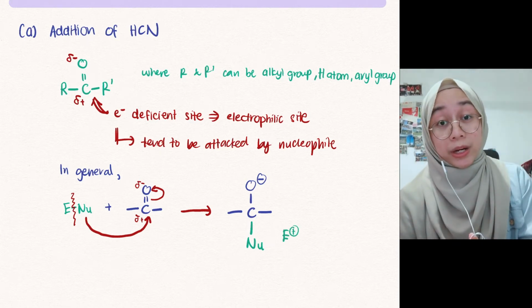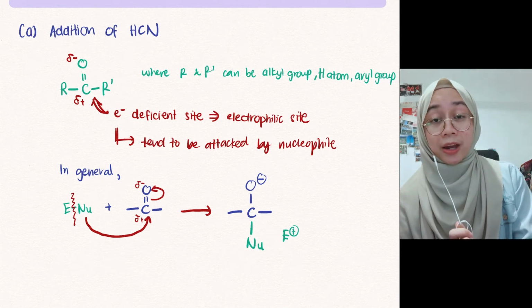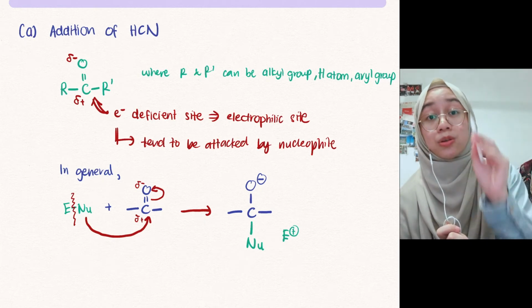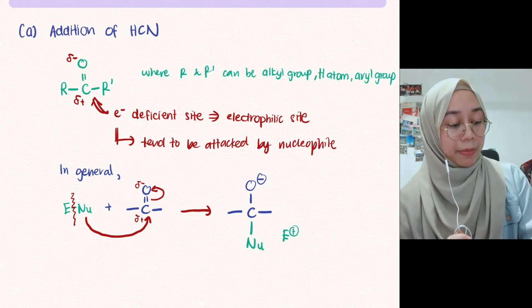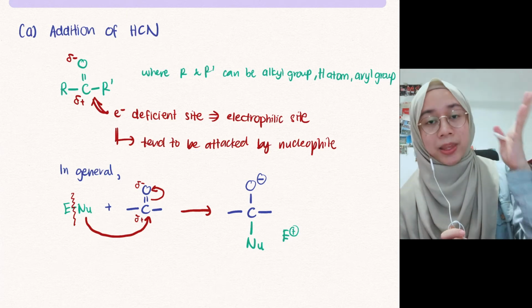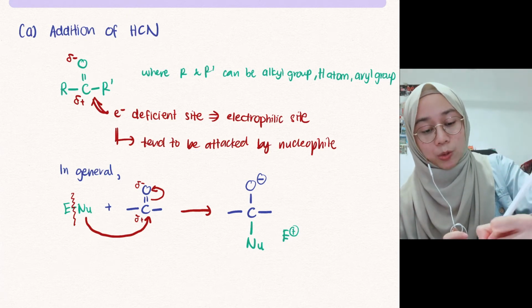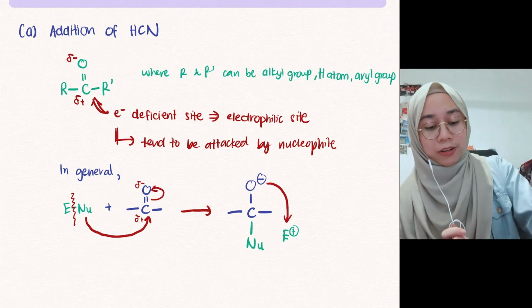So I think you know what happened now. Okay, so benda yang negatif positif tu akan attracted to one another. Okay, tapi arrow nak bergerak daripada mana kelas? Arrow sentiasa bergerak daripada yang kaya kepada yang miskin. Remember that. Okay, so despite kita tak belajar sebenarnya dia punya mekanisme, tapi kamu kena try fahamkan benda tu. Okay, so daripada oksigen pula dia akan ambil pula electrophile.